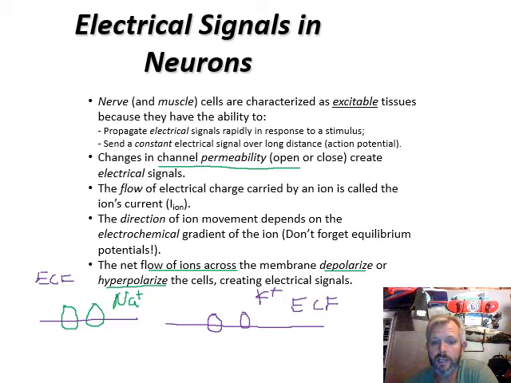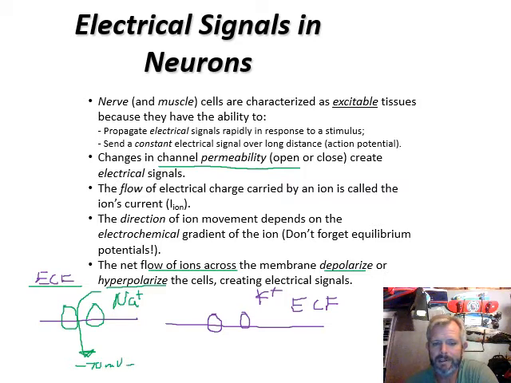Let's just look at changing flow of ions. If I opened up more sodium channels, which way is sodium going to go? Sodium is high in the ECF, so sodium would come in. What do you think would change in my membrane potential if I opened up more sodium channels? Negative 70 millivolts.